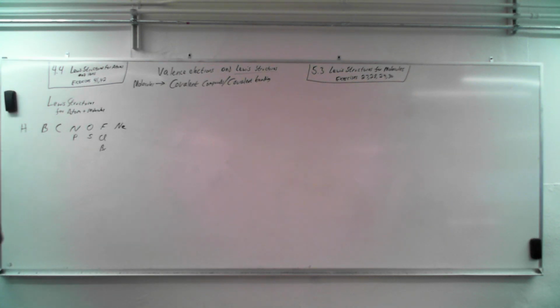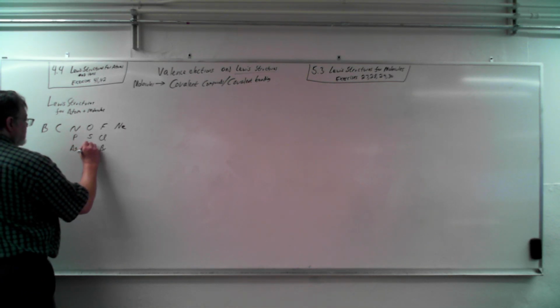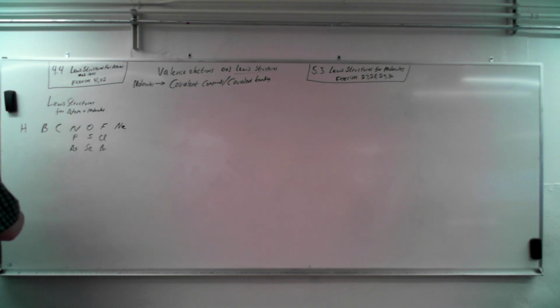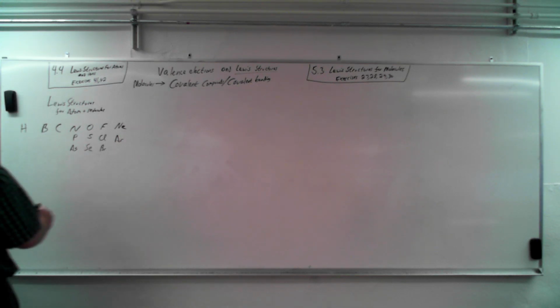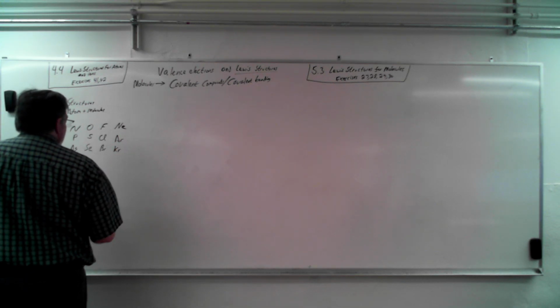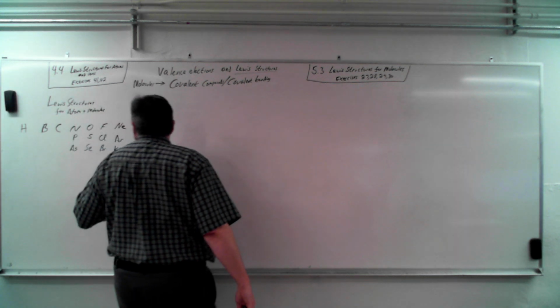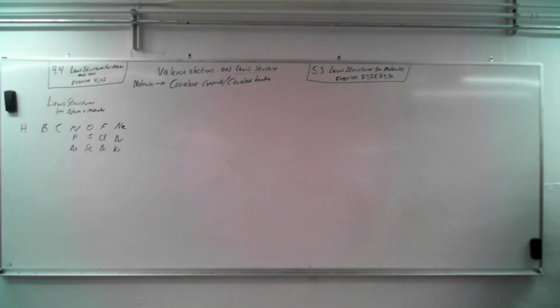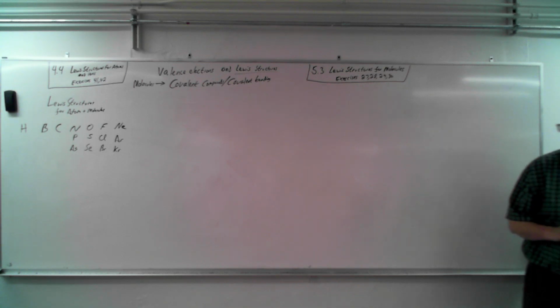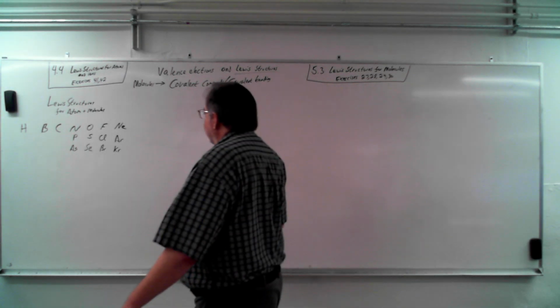I'll just include the noble gases, just so I have something of the periodic table in front of me. All right, so all nonmetals. Boron is a metalloid, but I'm still going to keep it there. There's nothing to do with that yet. So here's the Lewis structure.